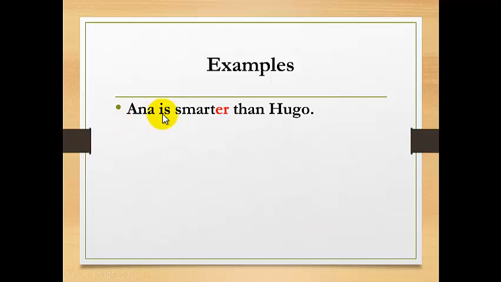Anna is smarter than Hugo. We are comparing two people, Anna and Hugo, and we are using the adjective smart. So we just need to add er. Why? Because it is a short syllable adjective.